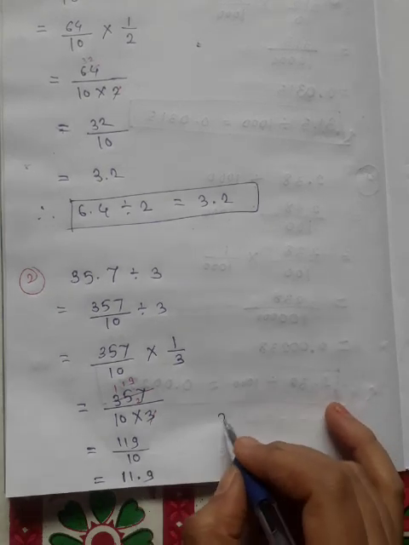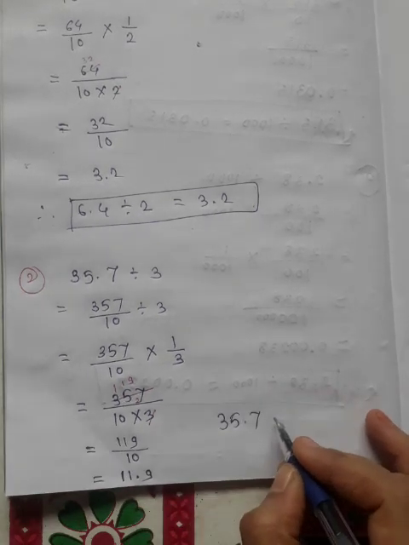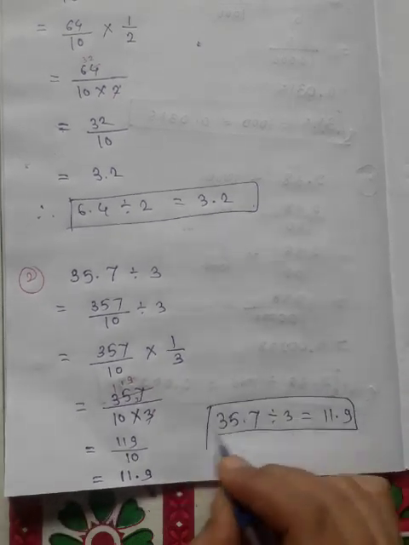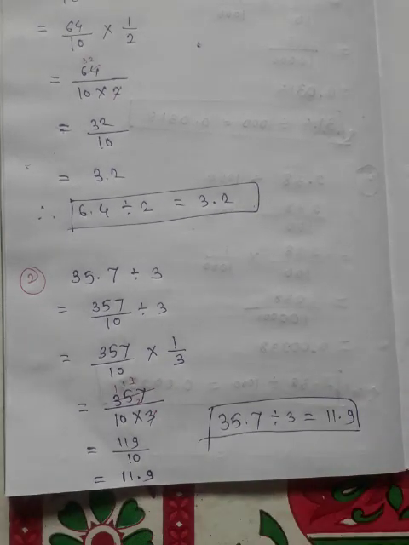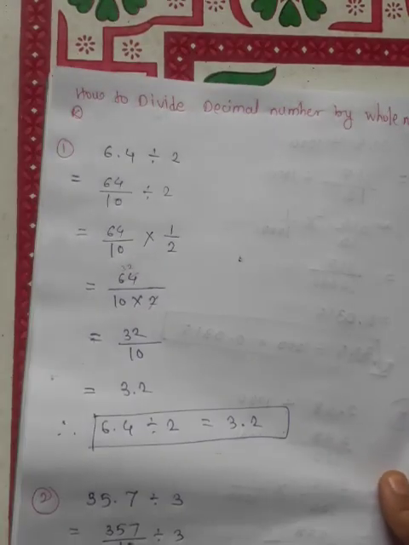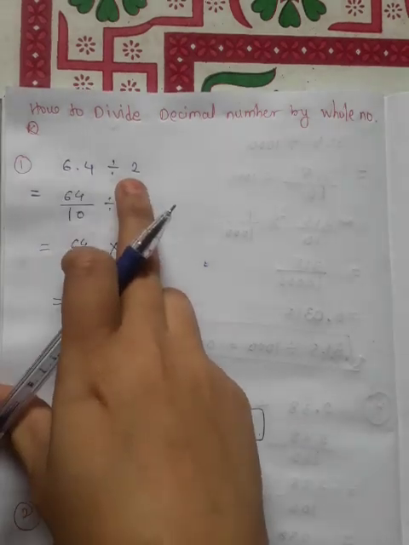So what will we get? Answer: 35.7 divided by 3 is nothing but 11.9. So this is one method to find the division of a decimal, how to divide a decimal number by a whole number.